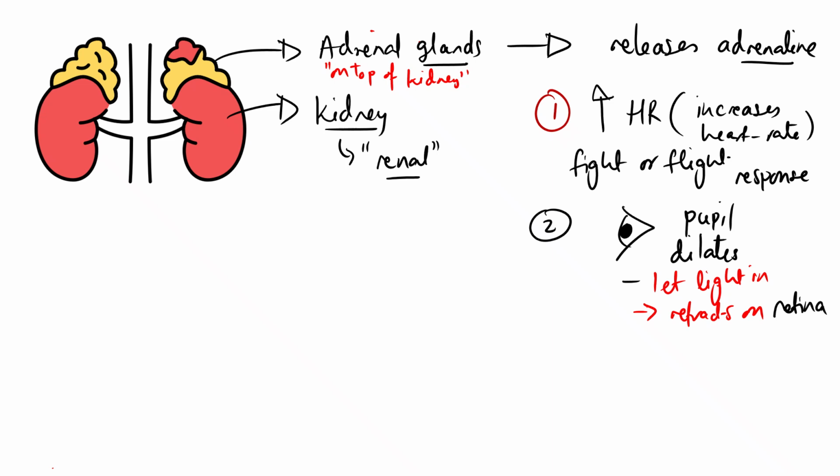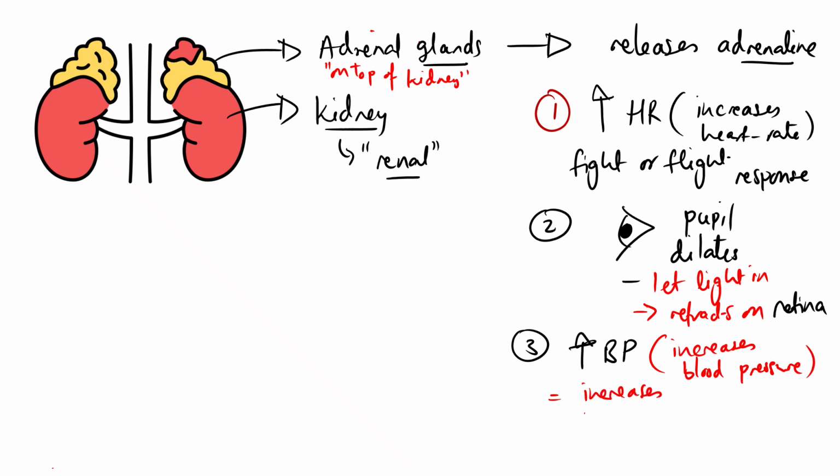So that's number two. Number three is that it increases BP. Any ideas what I mean by BP? And no, it's not boiling point. Not doing chemistry here. Blood pressure. So we can increase blood pressure, and that's significant actually. If you increase the blood pressure, there's more blood flow, so that increases blood flow to working muscles.